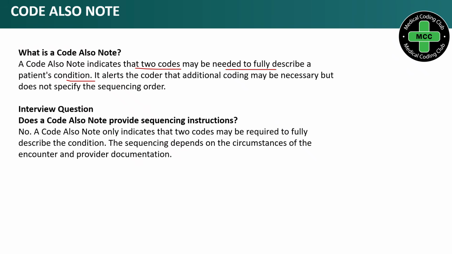But for "code also", the instruction means you do not have to follow any sequencing rules. When you see a "code first" instruction, there we had a sequencing rule, but under the "code also" instruction you do not have to follow any sequencing rule. Based on the reason for encounter for that particular visit, we will be sequencing that code. Okay, and read the interview question.